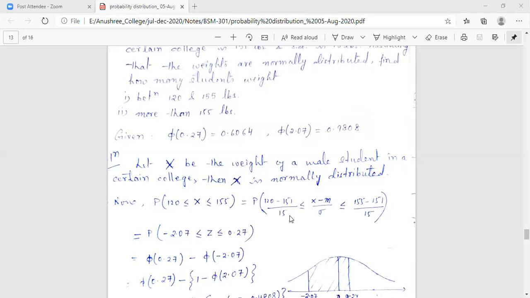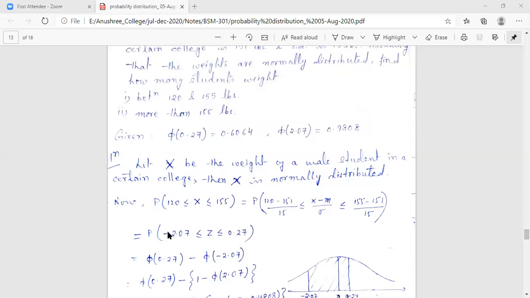Now evaluating this part, 120 minus 151 by 15, we are getting minus 2.07 less than or equal to (X minus m) by sigma, which means the variable Z, less than or equal to this part, which when evaluated becomes 0.27.